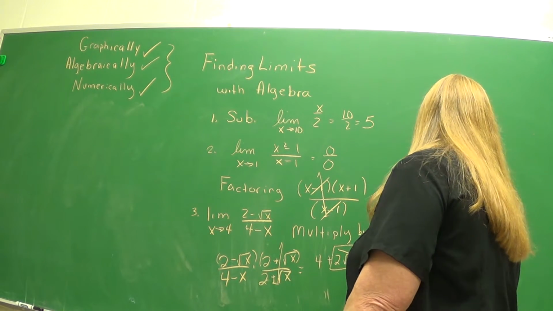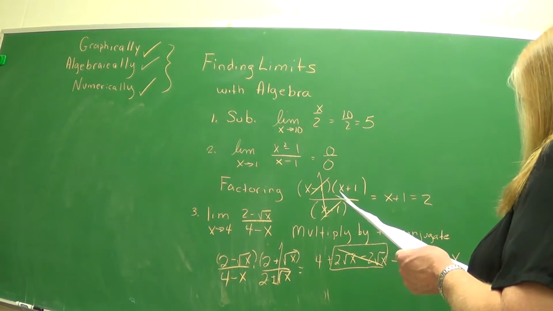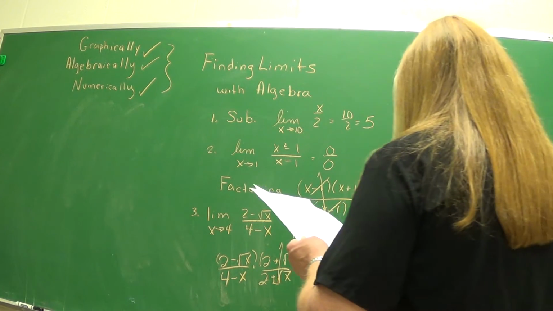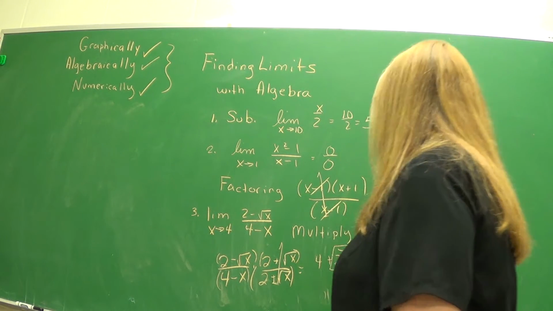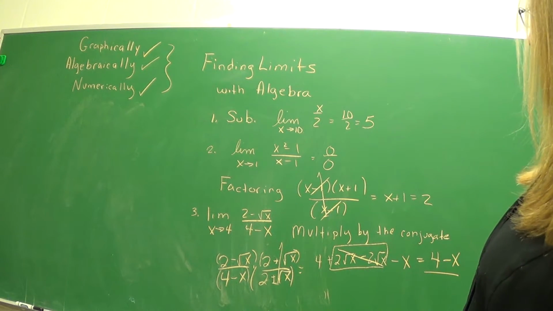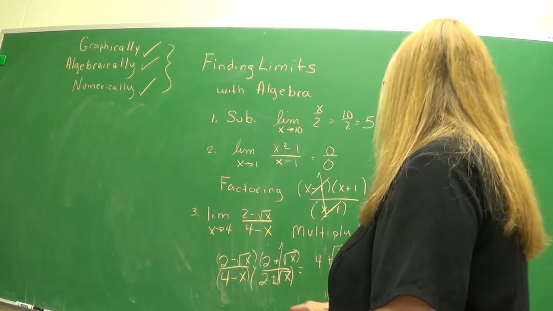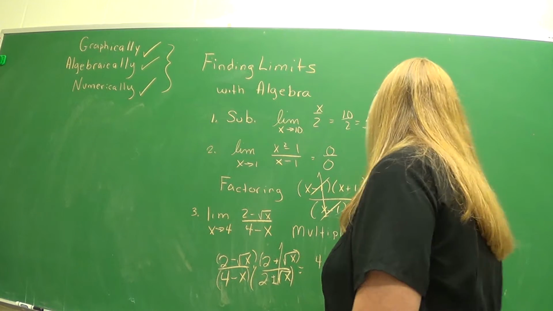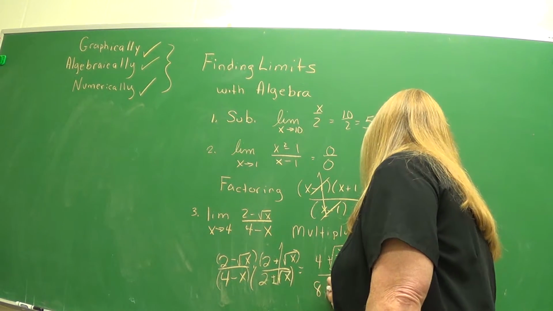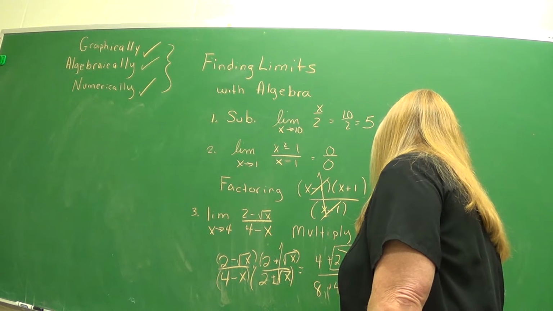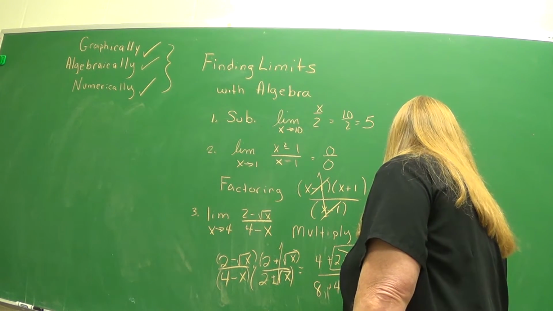But then on the bottom, I'll go ahead and multiply it out. Sometimes I can speed it up, but no, I guess I do have to multiply it out, because we're approaching 4. Never mind. Alright, 4 times 2 is 8. 4 square roots of x minus 2x minus x square root of x.